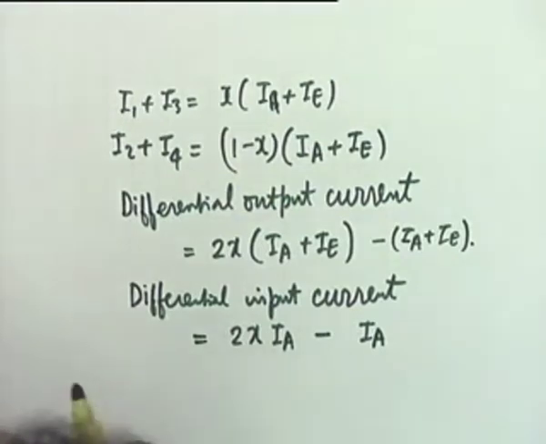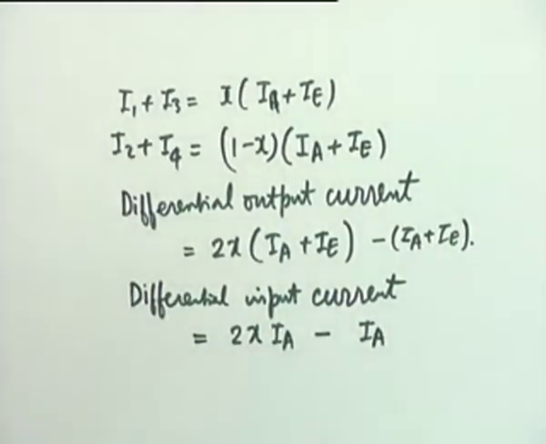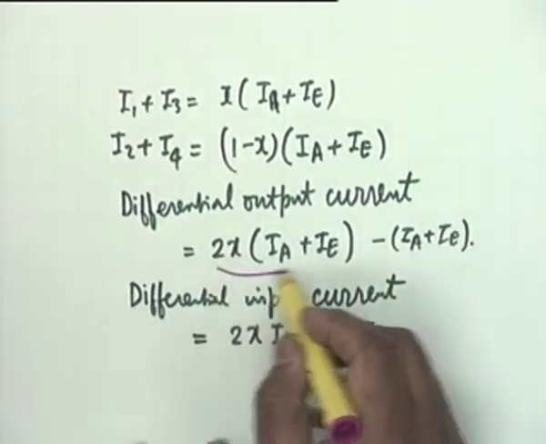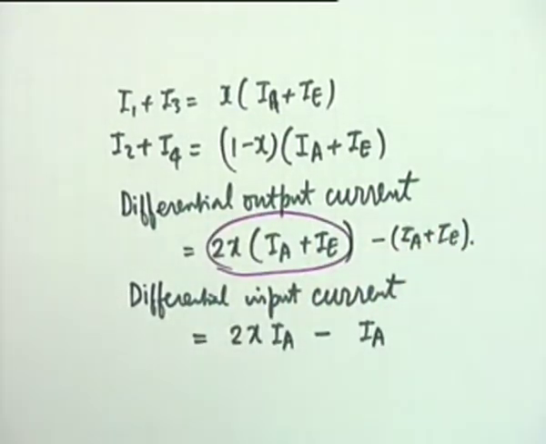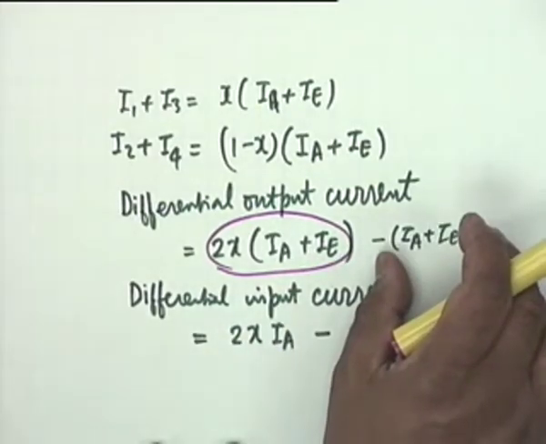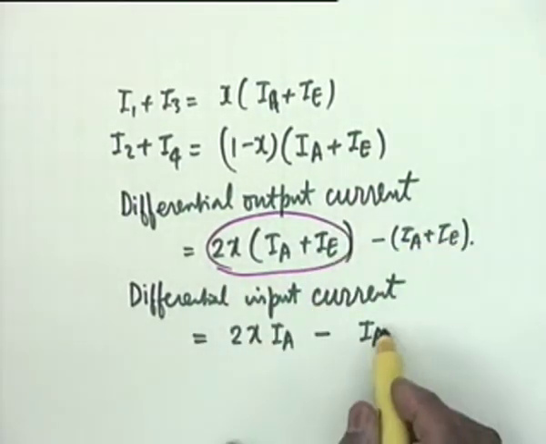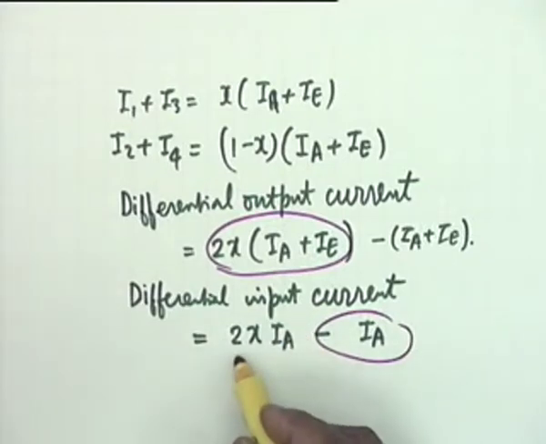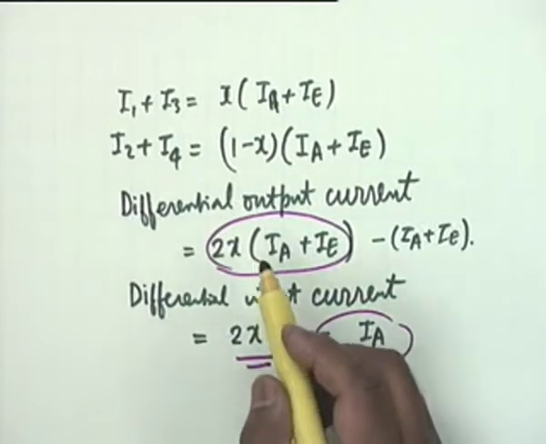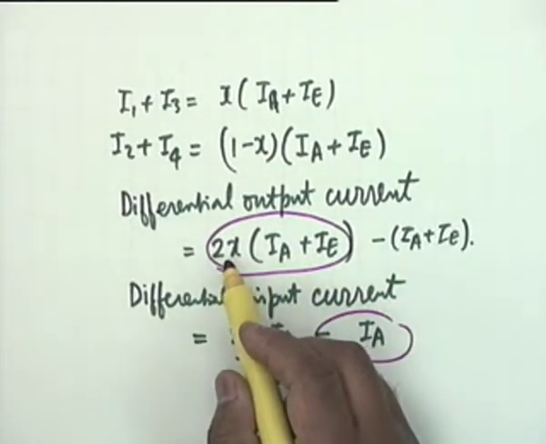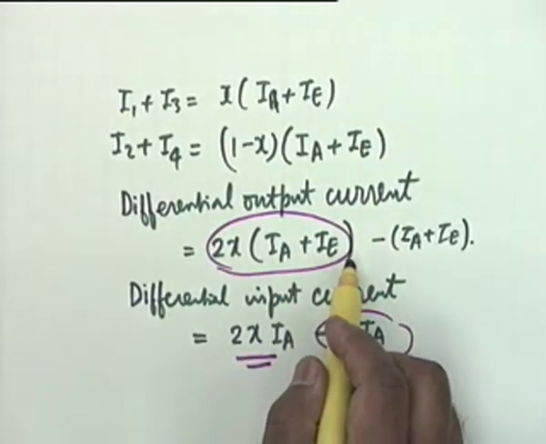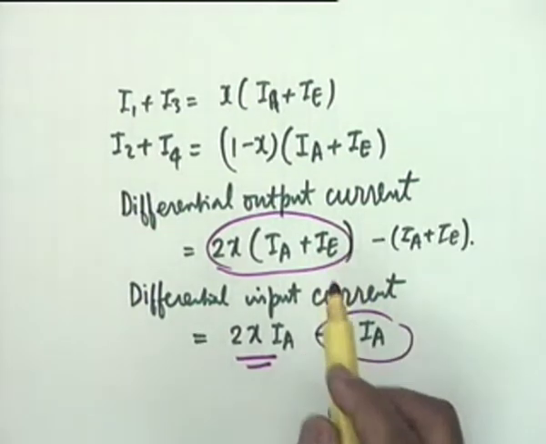Okay. Now, where is the reflection of the signal? Obviously, it is in this term. This is the DC part. This is constant. It does not change. What changes is this part. This is the changing part. Okay, and therefore you can see that a signal dependent current twice X IA gets amplified as twice X IA plus IE, and therefore what is the current gain?